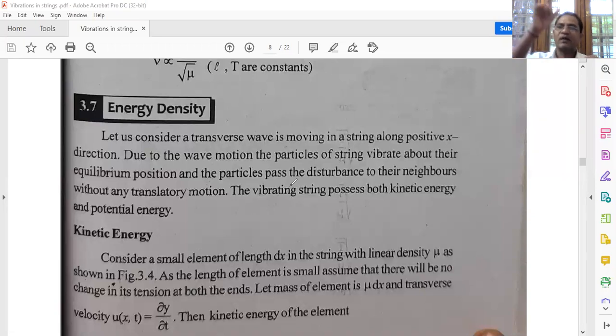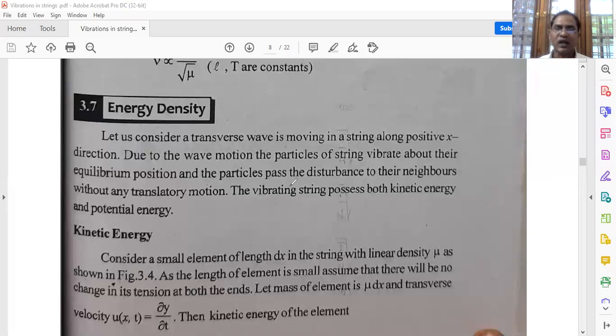The medium particles vibrate perpendicular to the direction of wave propagation. Here the string is along the x-axis, the wave is propagating along the positive x-axis, and the particles of the medium are vibrating along the y-axis. The particles are vibrating about their mean position, in simple harmonic motion.